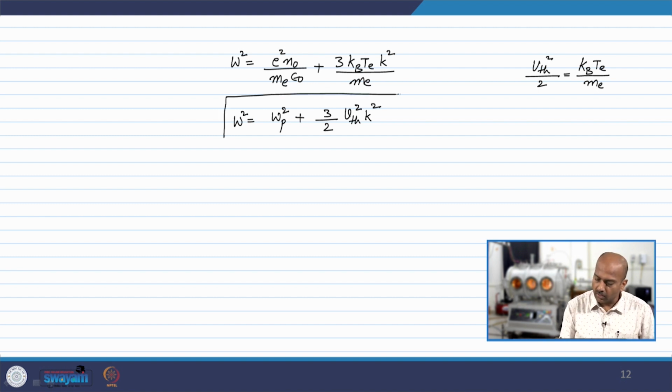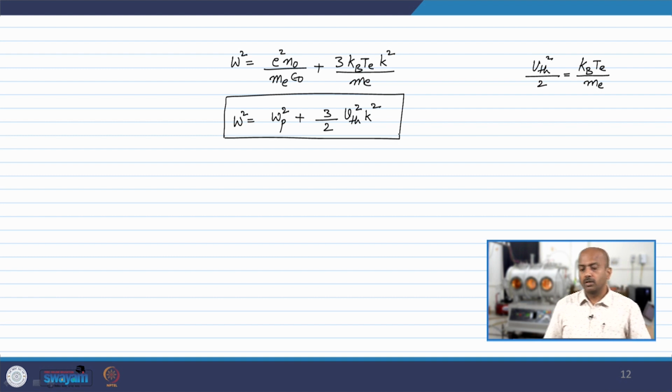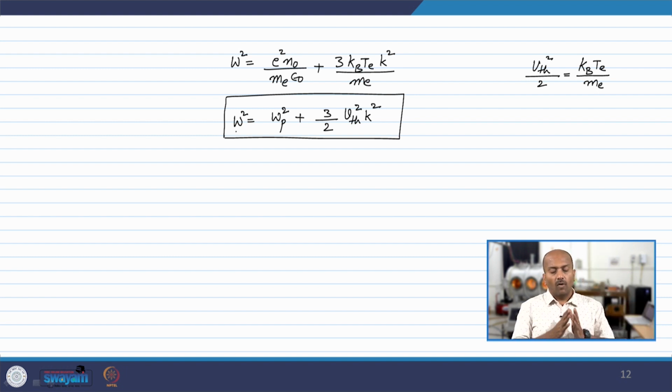This is the most important expression because it gives us a lot of information about the plasma wave. So, what is omega? Omega is the angular frequency of the wave passing through the plasma due to the electron oscillations. Earlier we realized electron oscillations do not propagate, they oscillate, and these oscillations do not constitute a wave or a wave train. What is a wave?